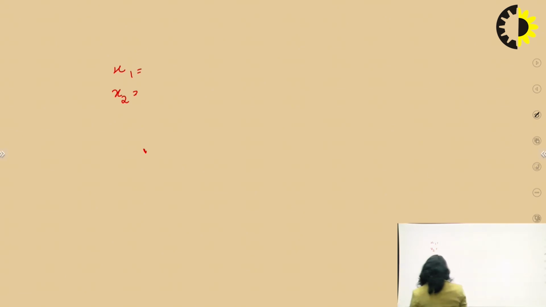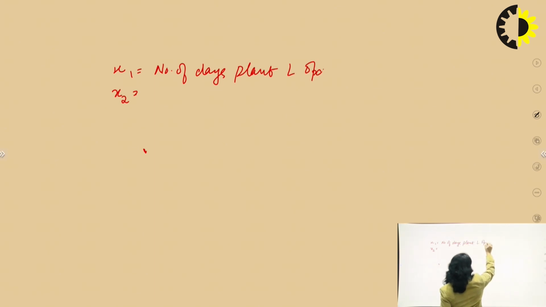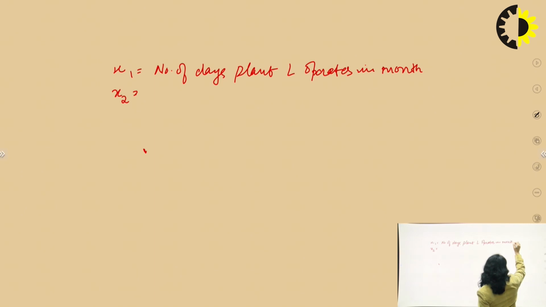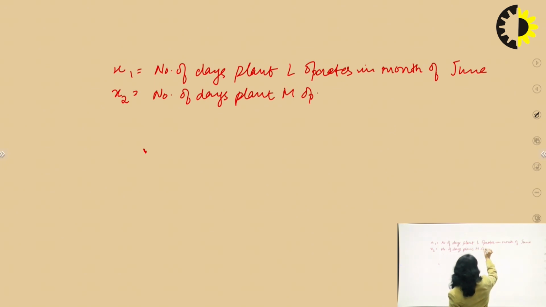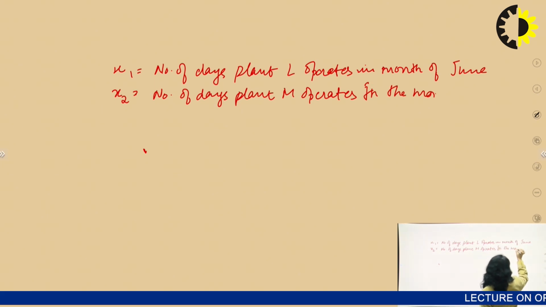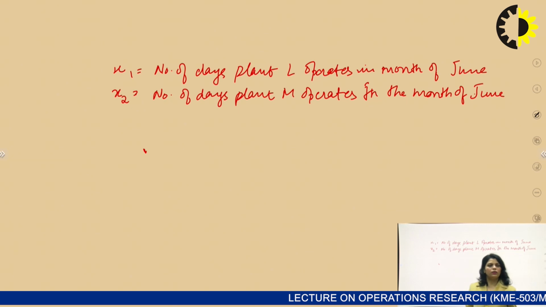So x1 is basically the number of days plant L operates in the month of June, and x2 is the number of days plant M operates in the month of June. Okay, these are our decision variables.